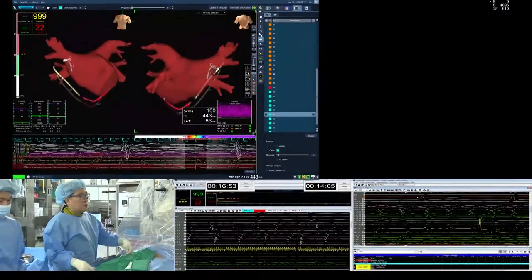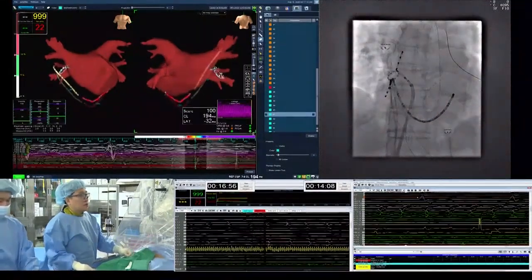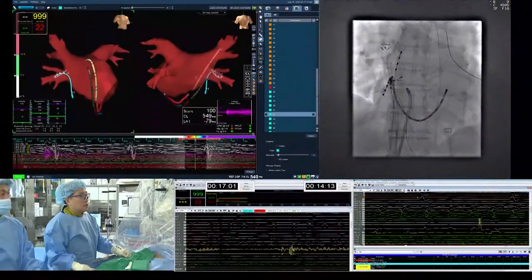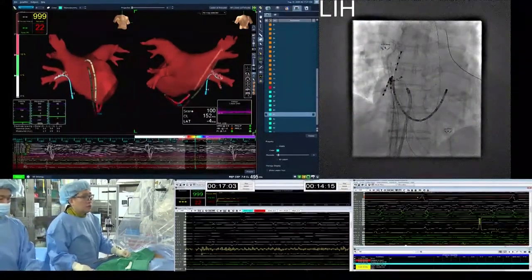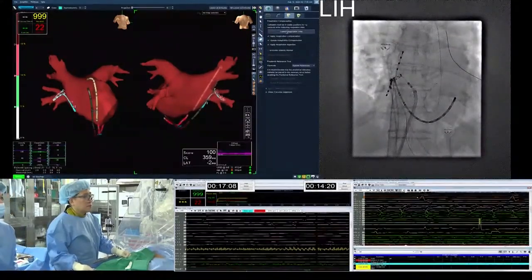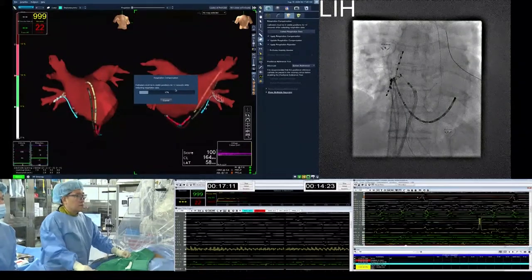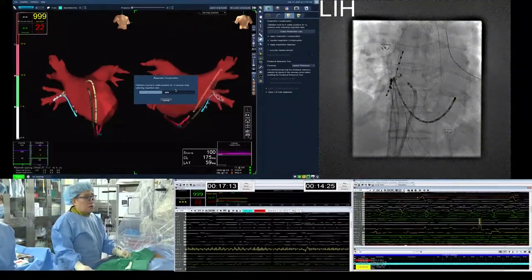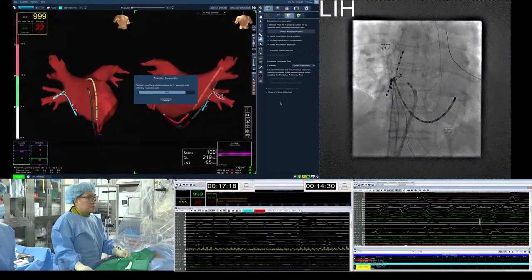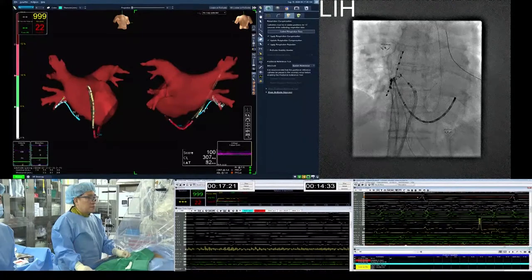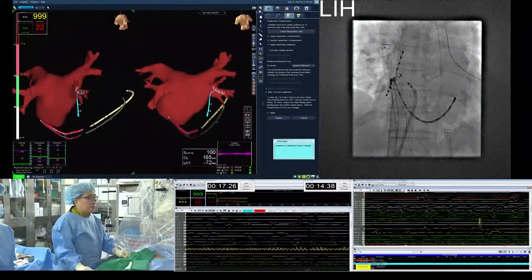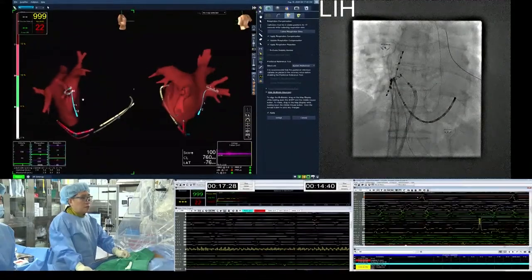Because even though the magnetic sensor keeps the proper location and position of geometry, sometimes the patient moves or deep respiration tilts your geometry. So to make sure of the proper geometry, I strongly recommend checking the PV antrum positions one by one, and then you can start safe and smooth RF ablation.